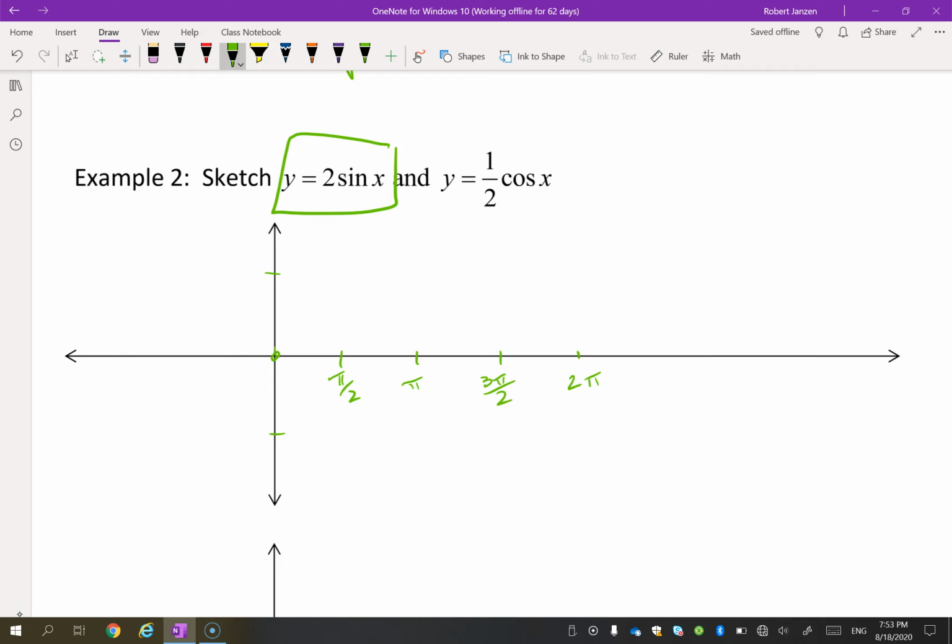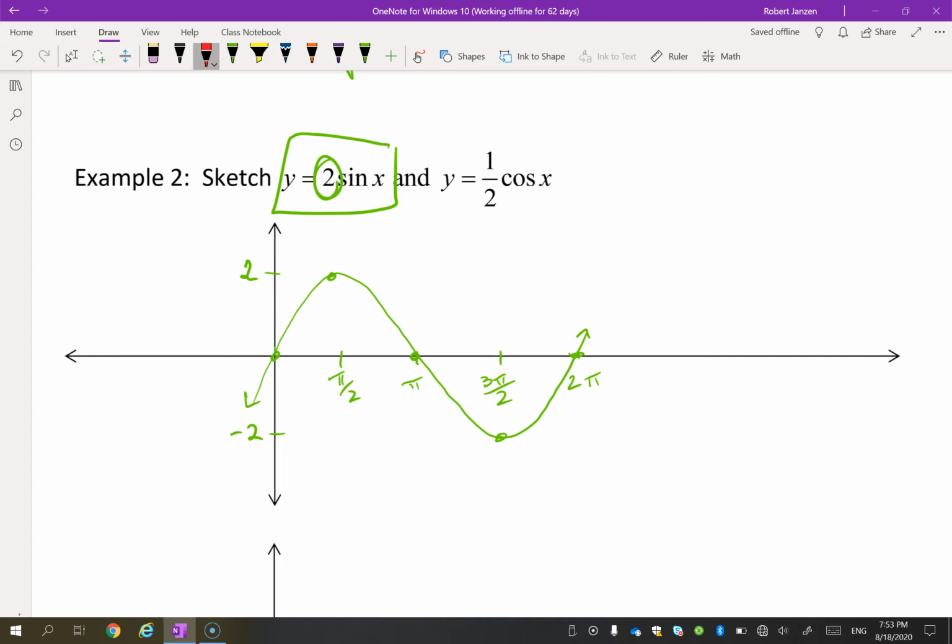And you know the sine graph looks like this. There's the sine graph. Now the only difference is this 2 changes the amplitude. So it's going to be from 2 to -2 instead of from 1 to -1.